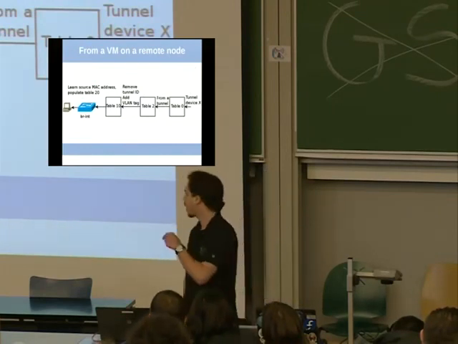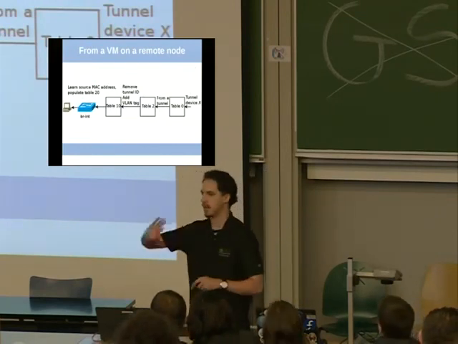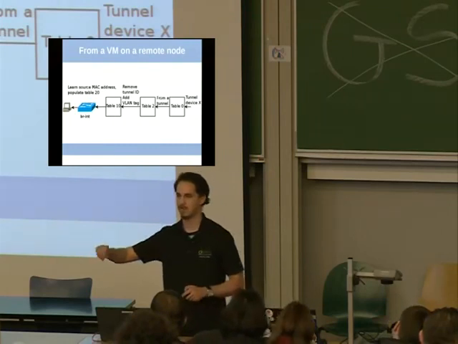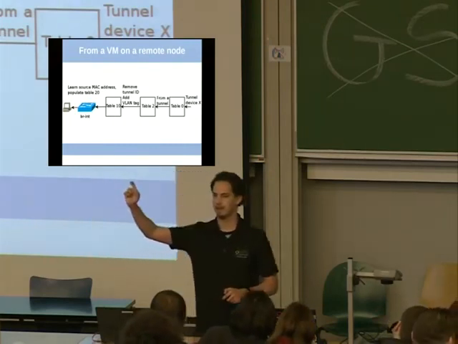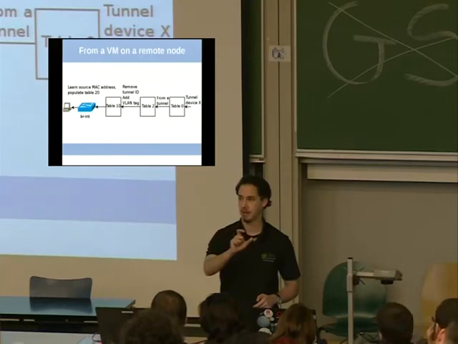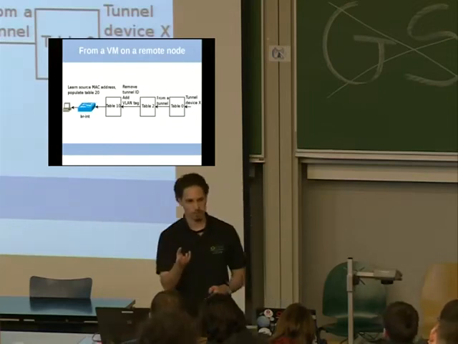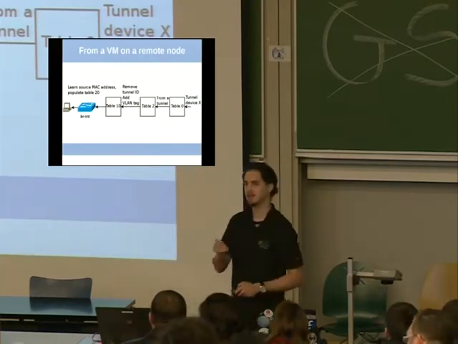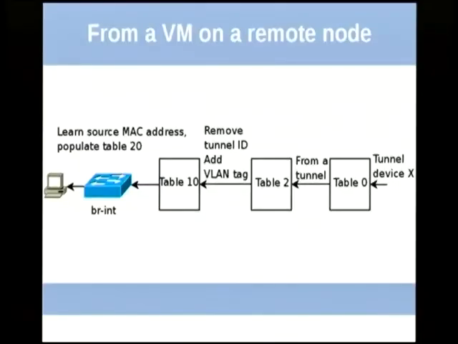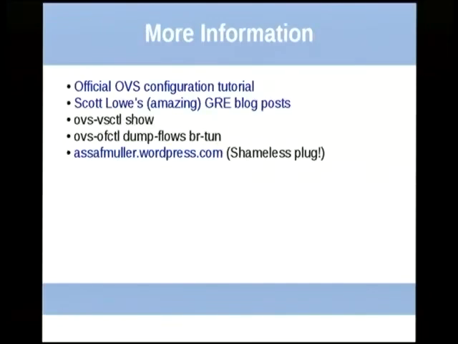Again, we drop the tunnel headers, all of the GRE or VXLAN stuff, and we convert the tunnel ID to the VLAN ID, because as we said, the local br-int, the virtual switch, is still using VLANs to mark specific networks. So that's kind of the deal there.